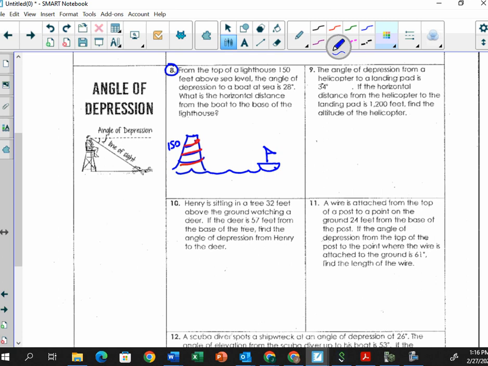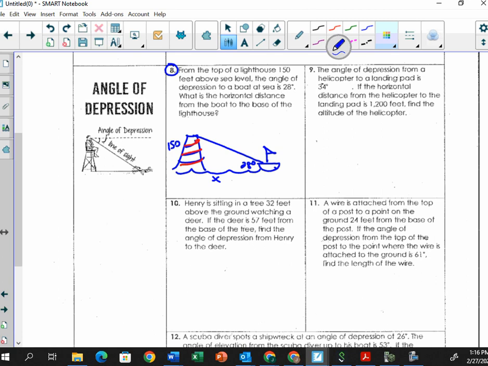Guys, the angle of depression is 28 degrees. Where should I put that? By the boat, right? The angle of elevation is also 28 degrees. We're looking for x down here.